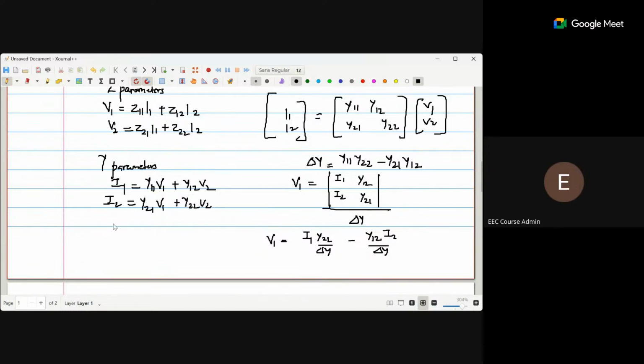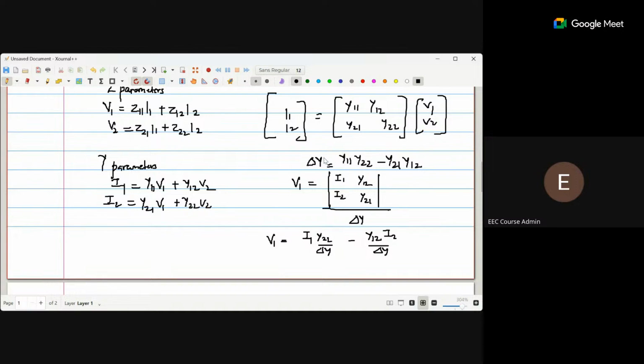So from these two equations, you can write in matrix this V1 as what? In this matrix, you replace the first column by this I1 I2. Then the second column as such, then divided by this delta Y, where this delta Y is Y11 into Y22 minus Y12 into Y21.